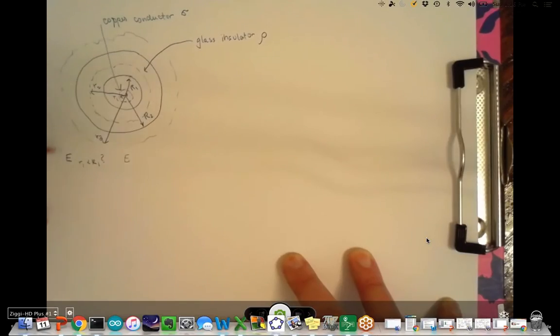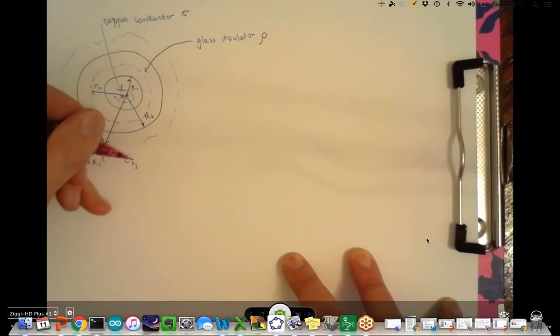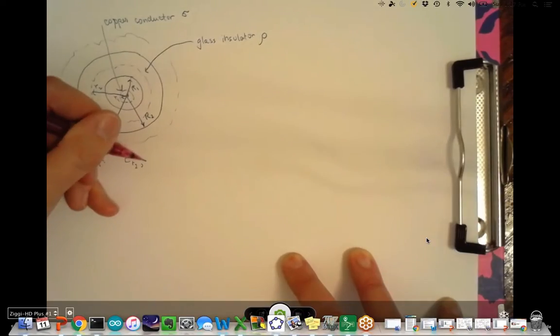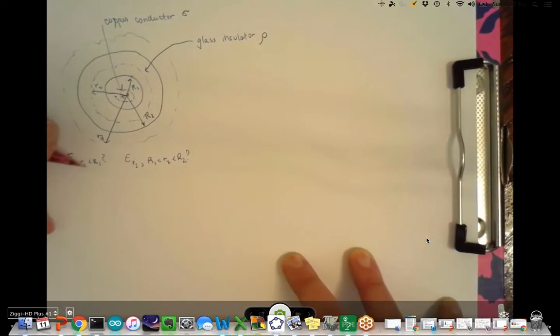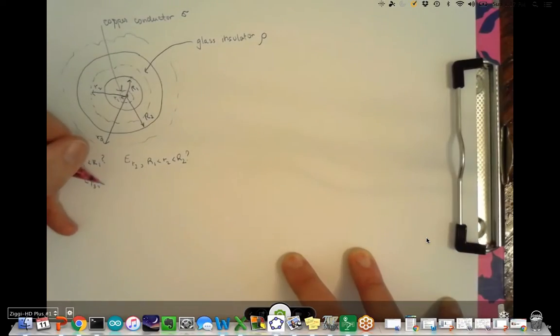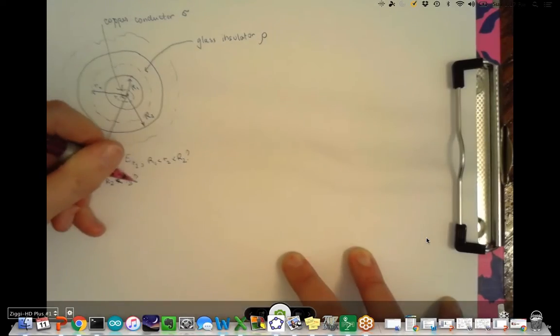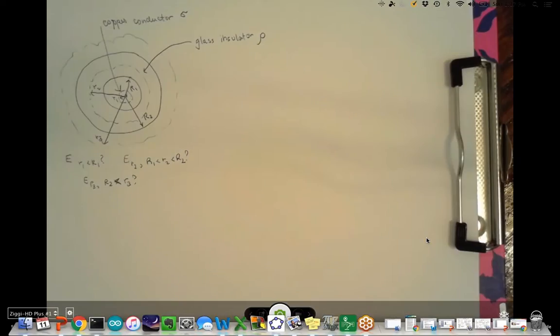We want to know E at r2, and r2 is larger than R1, but smaller than big R2. And we want to know E at r3, where little r3 is greater than R2. All right, so we want to find the electric field at 3 different points here.